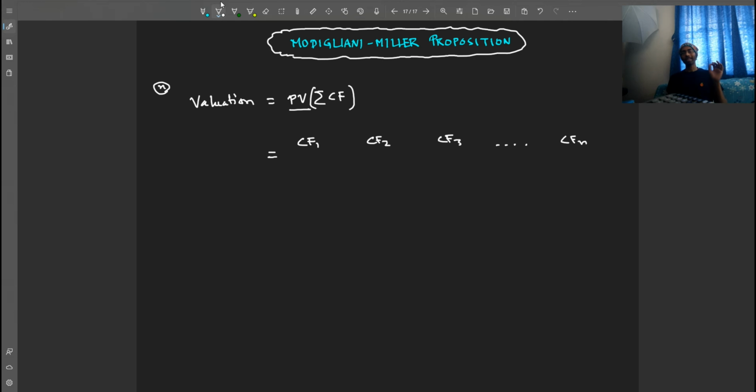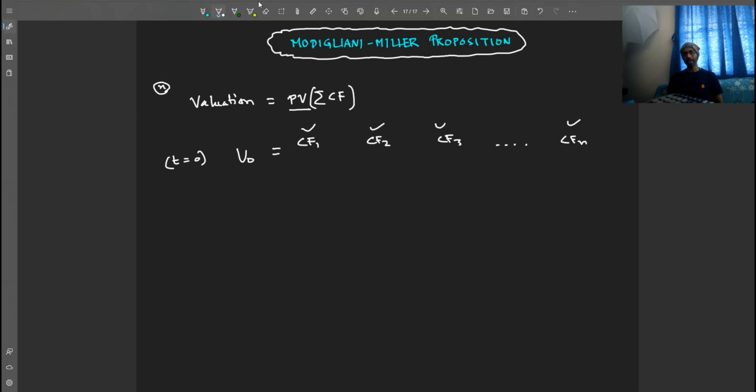There is a very simple way to calculate their present value. The present value, that is the value at time V0, is all these cash flows, CF1, CF2, CF3, till CFN, each of them discounted to the present time, that is t equal to 0.